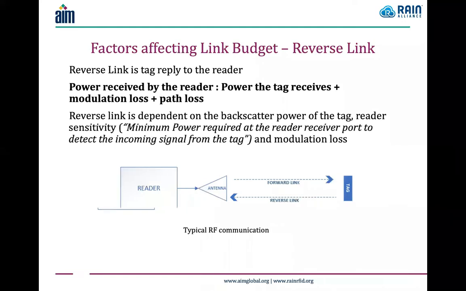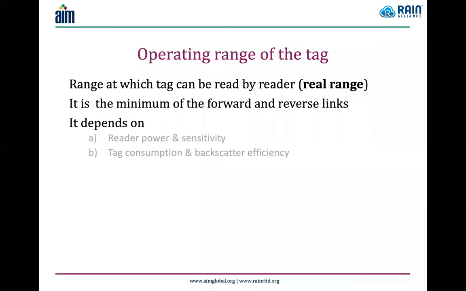To sum it all up, we could say that a minimum of both the forward link and the reverse link determines the overall operating range of the tag, or what we more commonly call the real range. This is the minimum of the forward and the reverse link, and as mentioned earlier, is dependent on the reader power and sensitivity, tag consumption, and the backscatter efficiency.